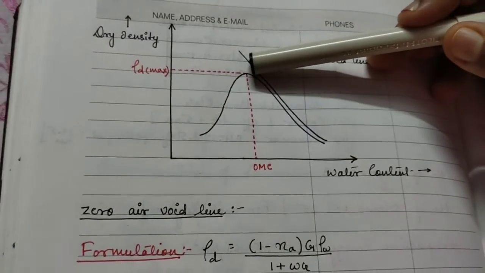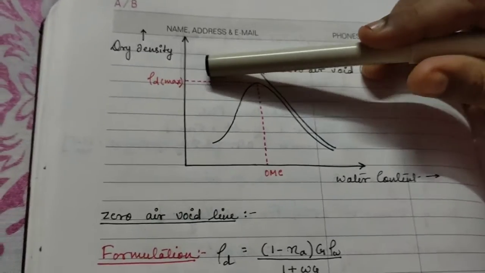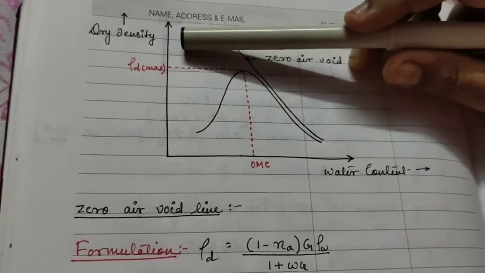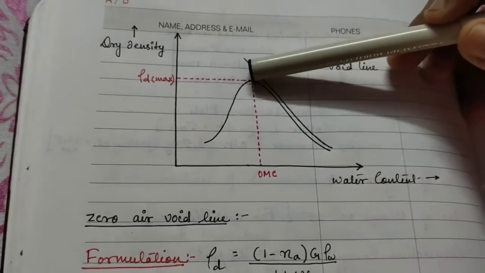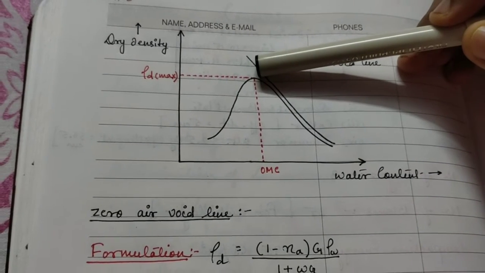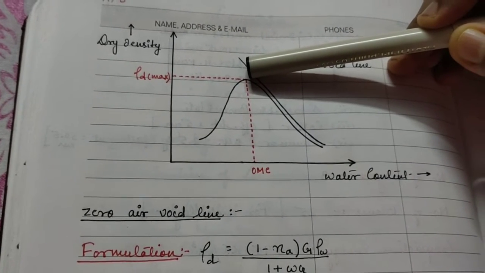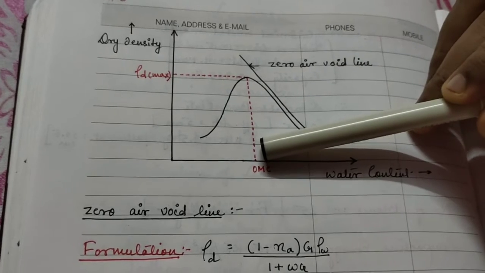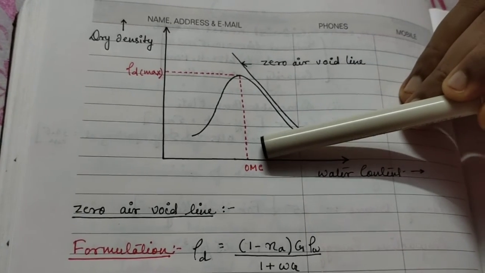So the maximum dry density obtained from this curve is given as gamma d max, and the corresponding water content for the maximum density is known as optimum moisture content.